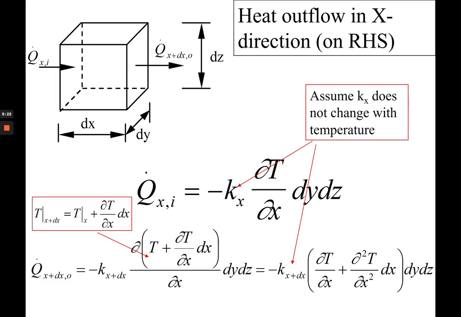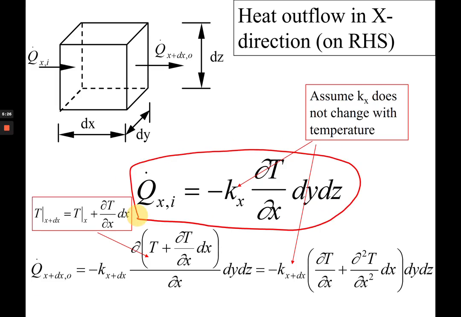On the left-hand side, we have this. On the right-hand side, we have a very similar equation, but the temperature is not the temperature on the left-hand side, but the temperature on the right-hand side. We have the thermal conductivity at that position, and the heat is going out of the body.